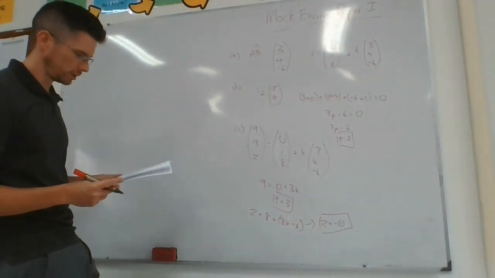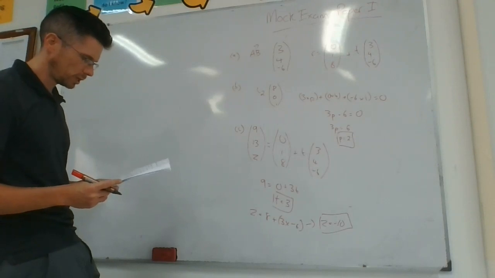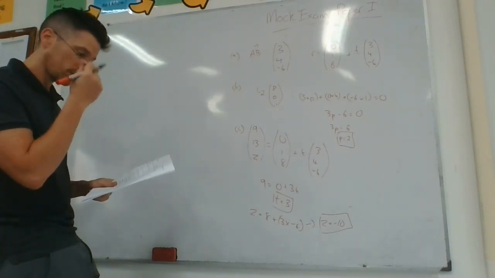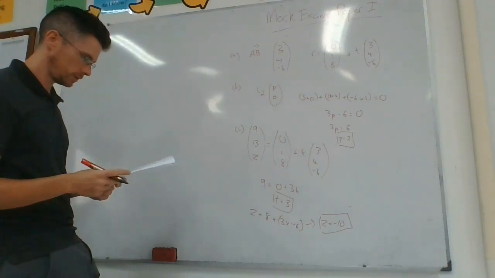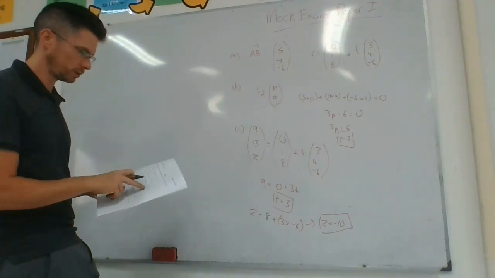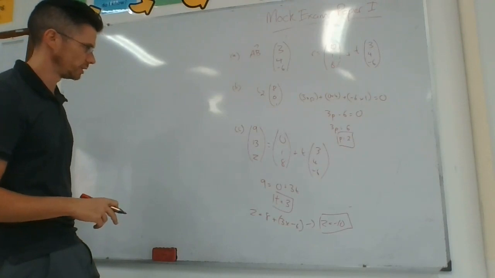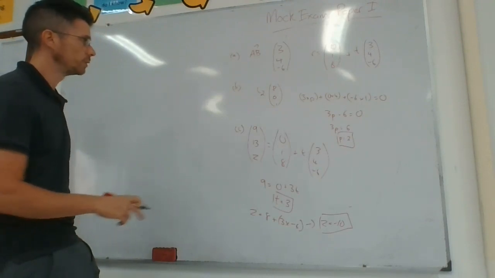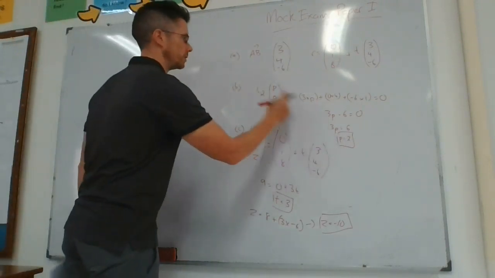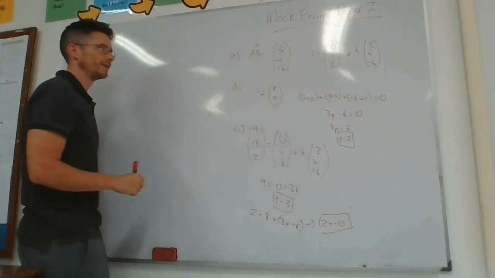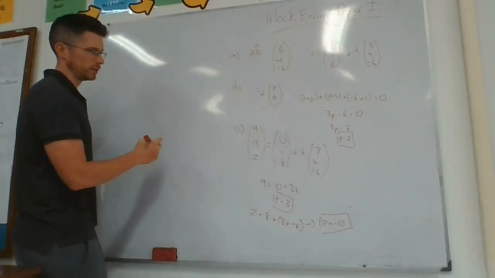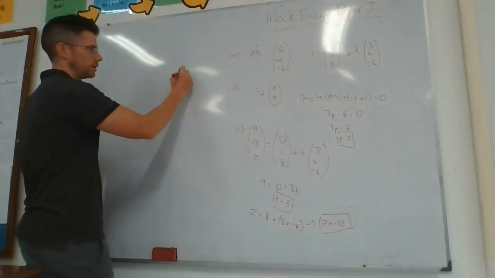Unit vector, I don't know if anyone got this right, maybe one. So now we have L2's vector from the question. It was P, 0, 1, but we found P to be 2, so it's 2, 0, 1.